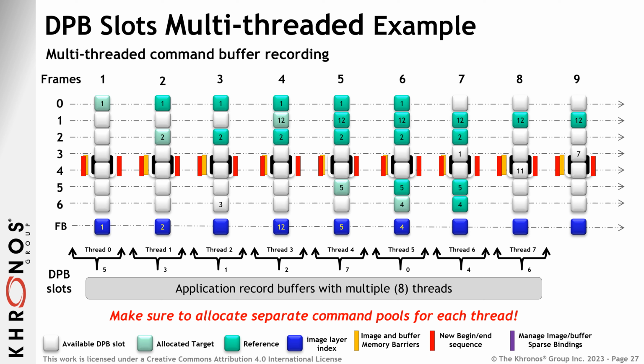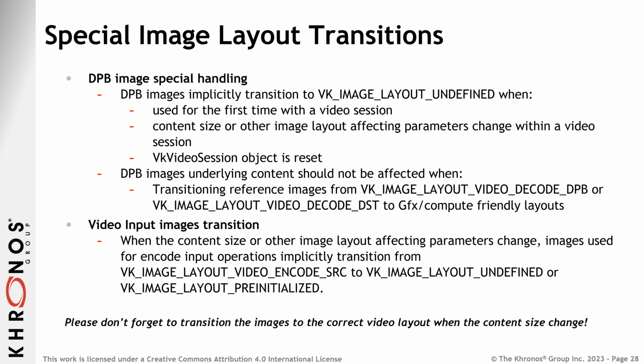The same DPB management rules apply when multi-threaded command buffer recording is used. In the case of multi-threading, it may be necessary for resource allocations to occur within the thread dispatcher to ensure proper execution. In this example, each thread records only one frame per begin-end coding sequence. Most of the image layout transitions in Vulkan apply to Vulkan video as well.